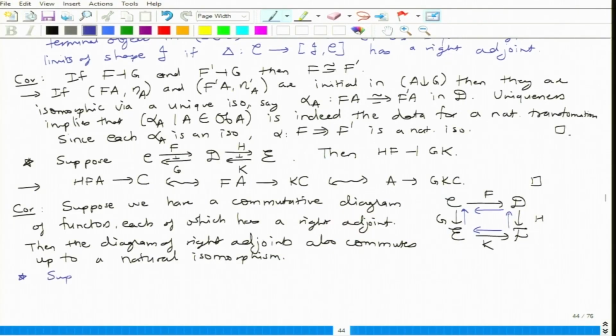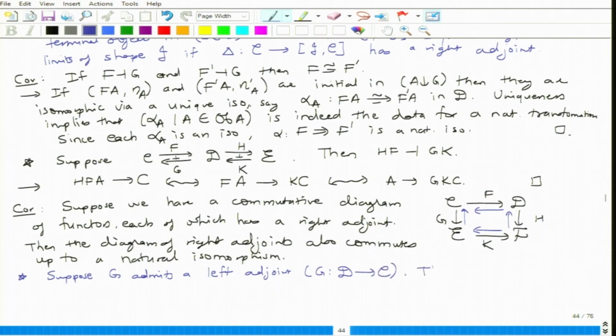Suppose G has a left adjoint. The more technical thing is, suppose G admits a left adjoint. I should probably say that G is a functor from D to C, just to set the notation.